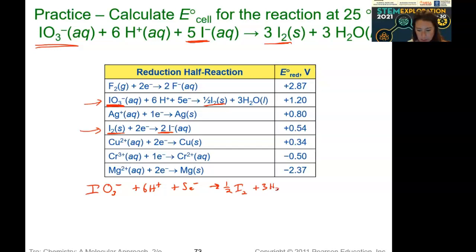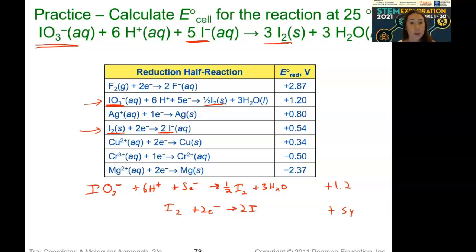What a weird one, right? And that is plus 1.2. Our next one is I2 plus 2 electrons goes to 2 I minuses. And this one is plus 0.54.